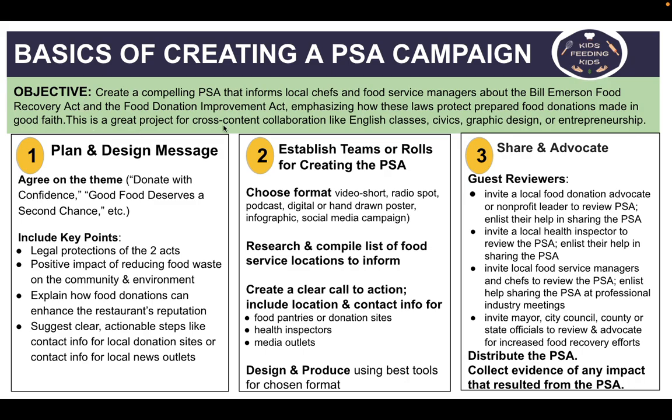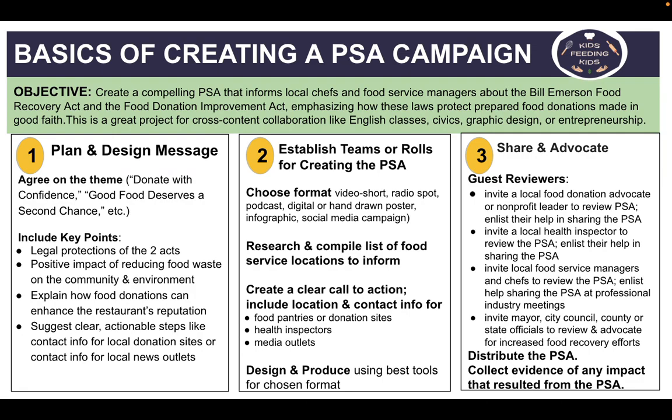If you want to do any cross-content collaborations with other classes in your school, this would be a great option to choose. There's no cooking involved with this particular project, so it might be suitable for some of your other classes that you're teaching that are non-cooking classes, or maybe you have a week where you want to take a break from cooking, and this could be something that your students could do instead of cooking or in addition to, doesn't matter.